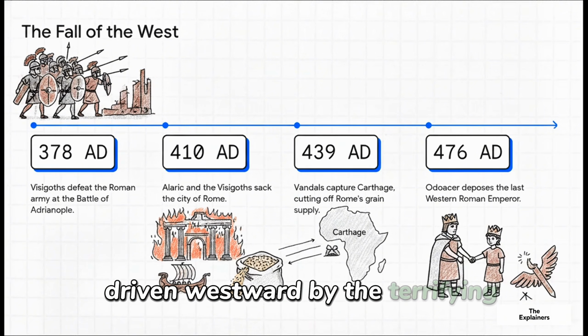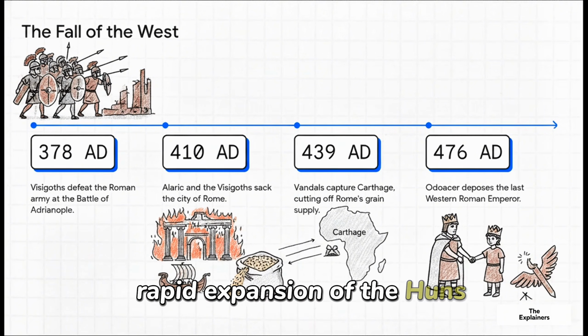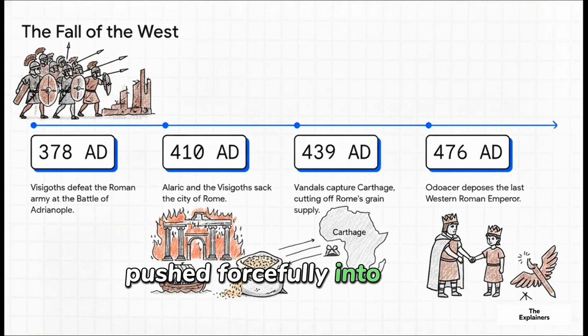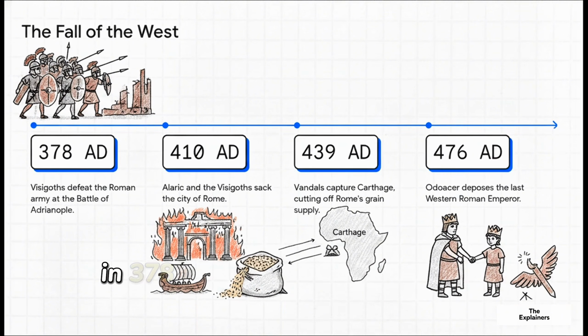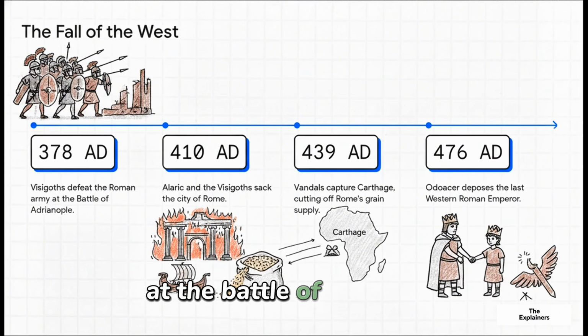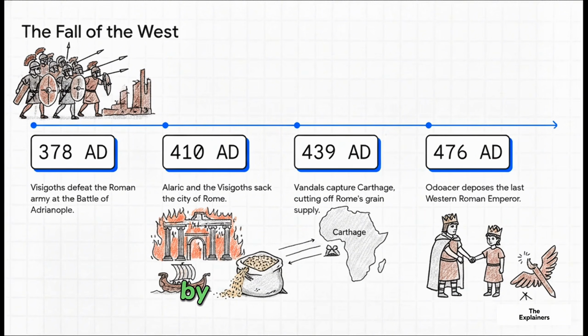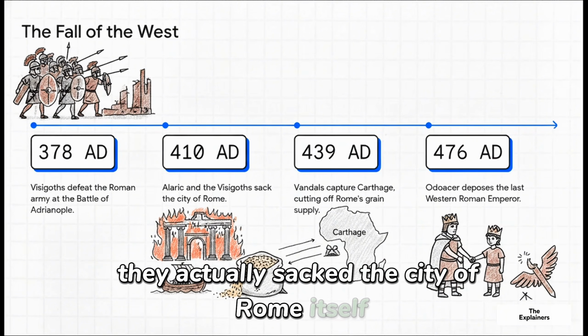Driven westward by the terrifying rapid expansion of the Huns, huge migrating Germanic confederations pushed forcefully into Roman territory. In 378 AD, they absolutely devastated the Roman army at the Battle of Adrianople, even killing the emperor on the battlefield. By 410, the Visigoths, led by Alaric, achieved the unthinkable. They actually sacked the city of Rome itself.